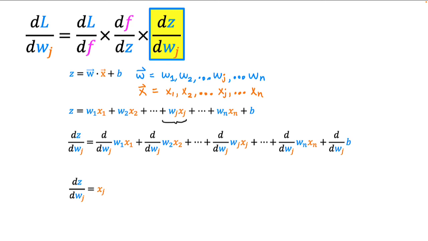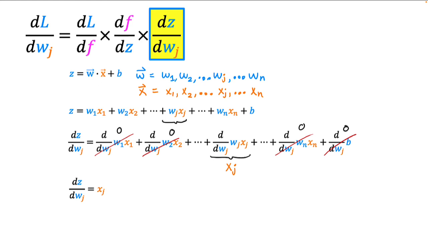Now what's interesting is that the derivative of that first expression with respect to wj is 0, because you actually don't have wj anywhere in there, and don't worry, this is just a rule of calculus that you can look up. And so similarly, this second expression is also 0 because wj does not appear anywhere in the w2x2. Same thing with wnxn, and same thing with b. So all of these turn out to be 0. So here, this expression simplifies to just x sub j.